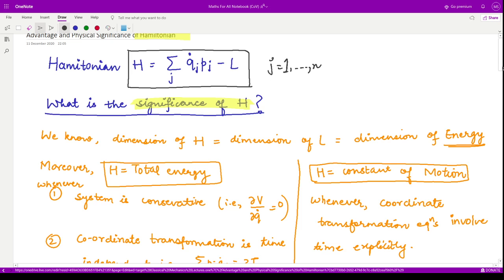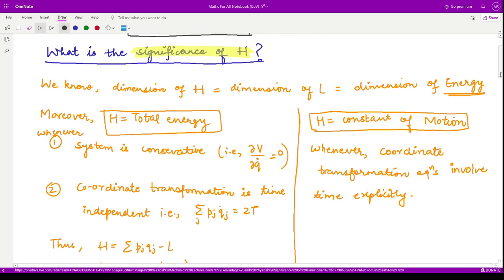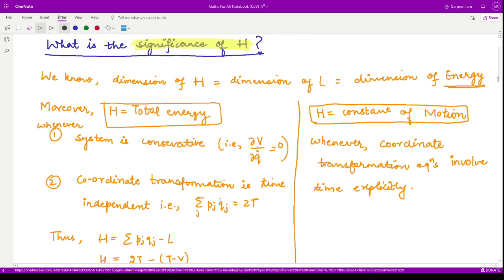As we have discussed in the previous video, in some cases this H denotes the total energy of the system. Basically, the dimensions of this Hamiltonian H and of the Lagrangian L are the same as those of energy.